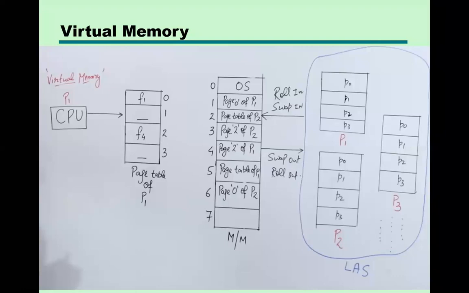So actually virtual memory provides the illusion to the programmer. Like, to execute your program 8 GB is required. Okay, no issue. Our main memory can execute your 8 GB program even though your main memory, or you can say the RAM size, is only 4 GB.